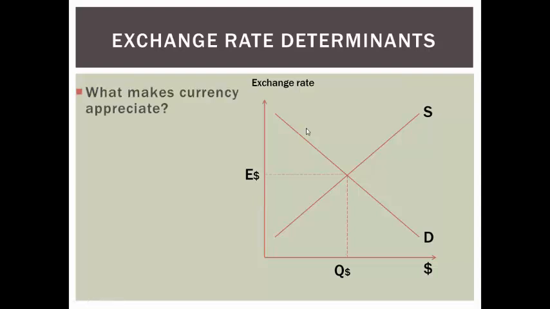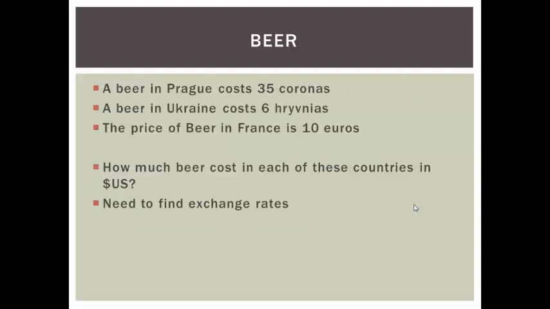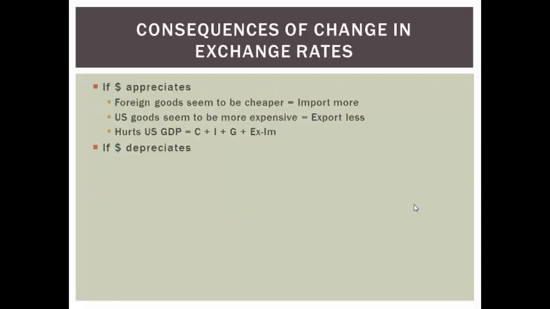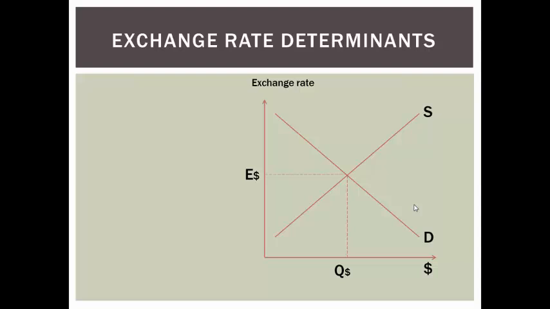So what's going to make a currency appreciate? What can happen in this market to demand and supply for this exchange rate to go up? Well, let's look at this picture. We either can increase the demand curve, move it to the right, or we can decrease the supply curve. And once again, the exchange rate is going to go up.